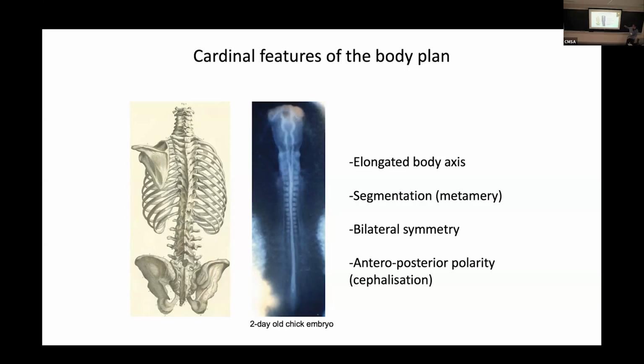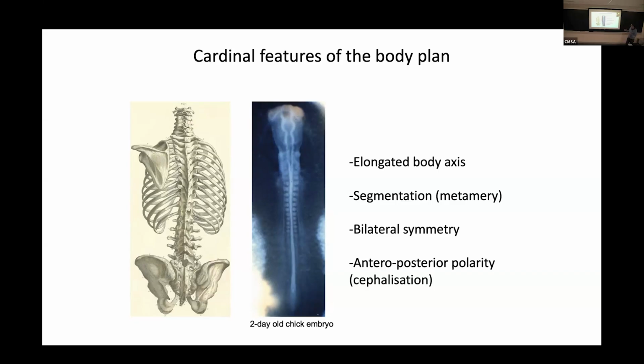And they also show some regionalization along the anteroposterior axis, with a head, trunk, and tail. These features are not trivial. We don't really understand why they've been selected and conserved throughout evolution.